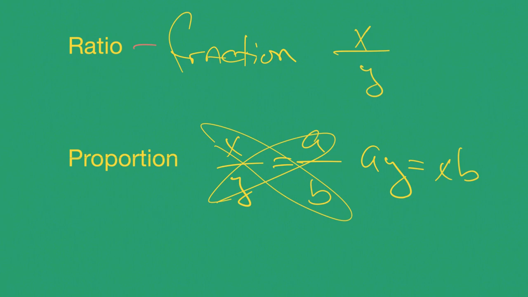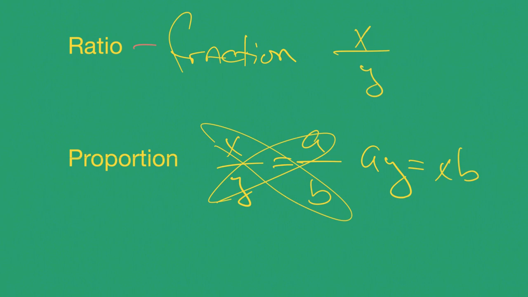All right? So, cross multiplication, okay? The cross products should be equal to each other if this is going to be proportional, okay? If the proportion is true, the cross products, product meaning multiplication, must be equal.